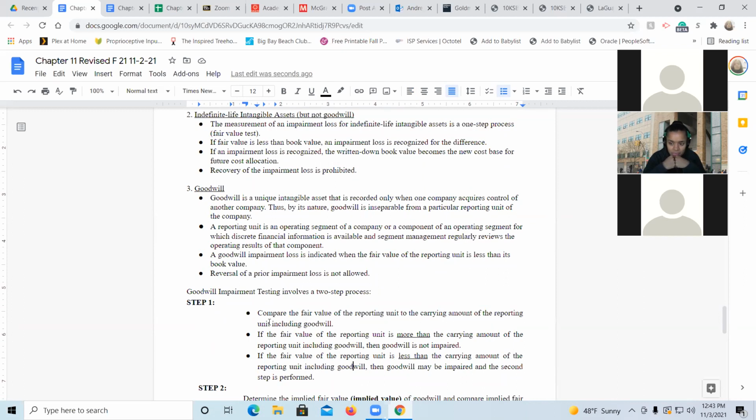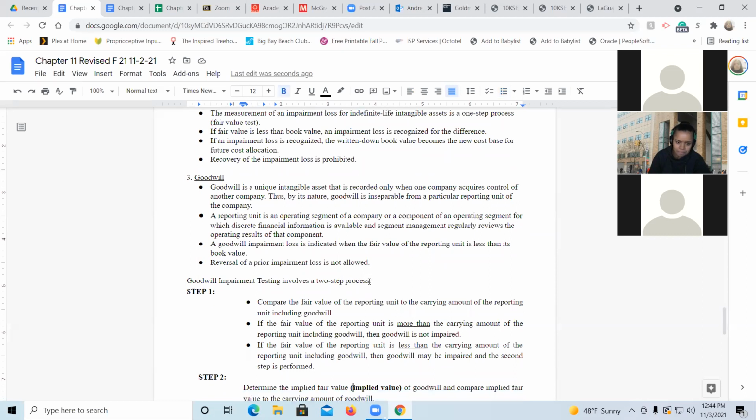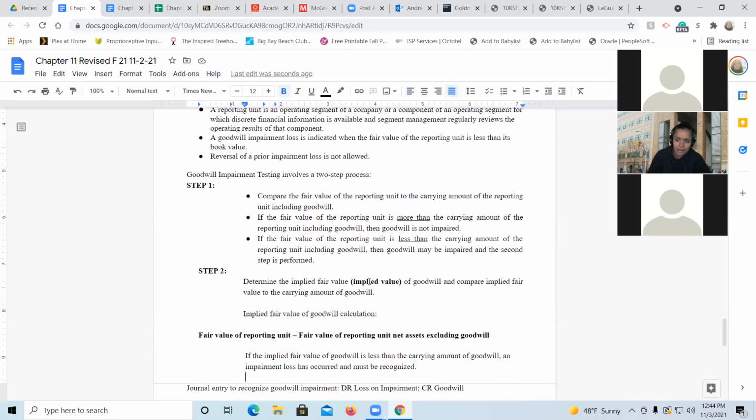So when we do an impairment test for goodwill, we actually have to look at the entire business and say, is the fair value of the reporting unit less than its book value? And at that point, we can start calculating goodwill impairment. So that's the overview of impairment for you guys.